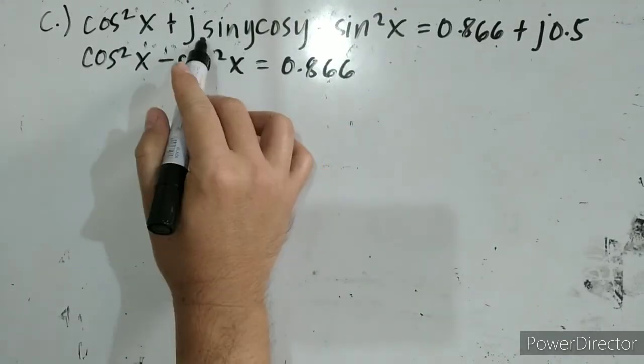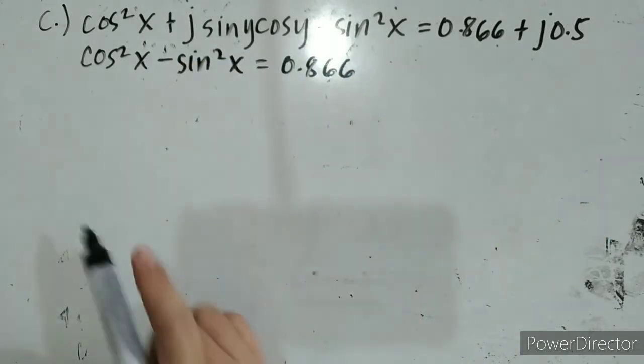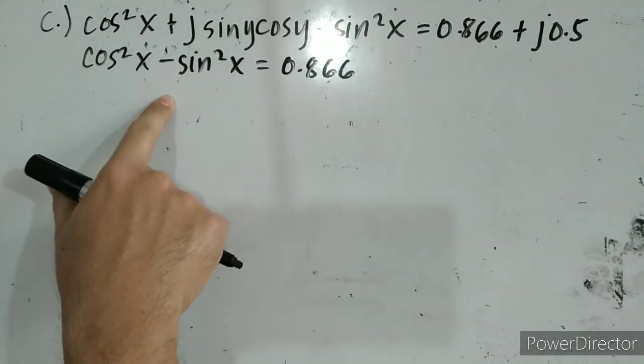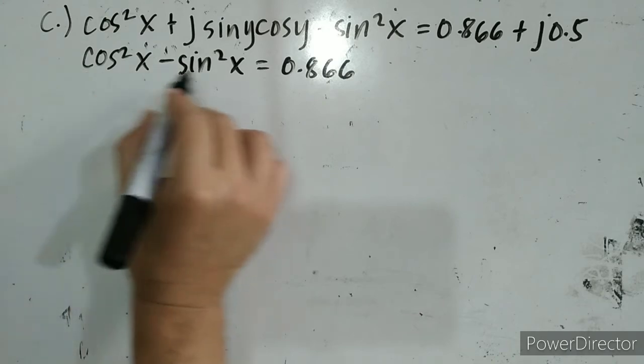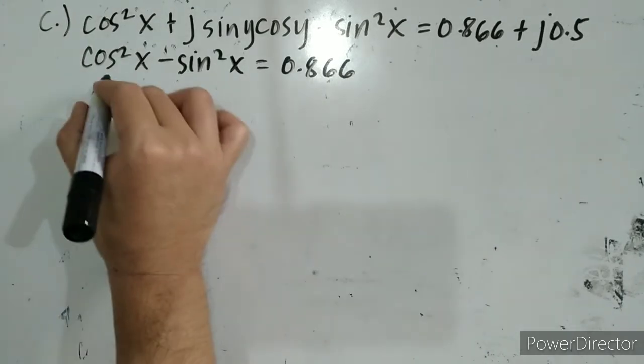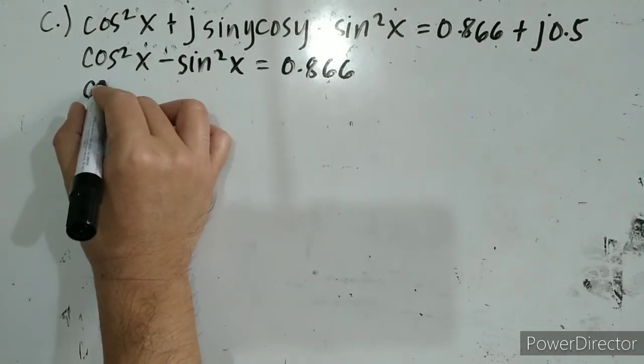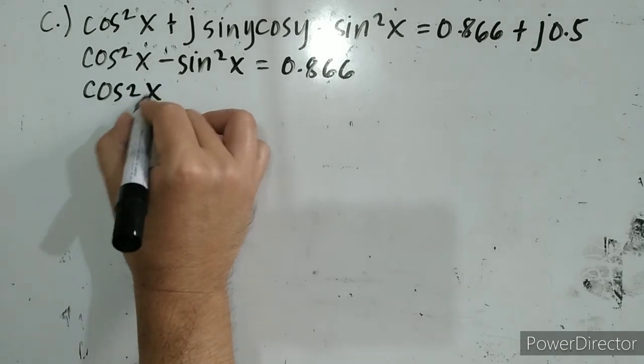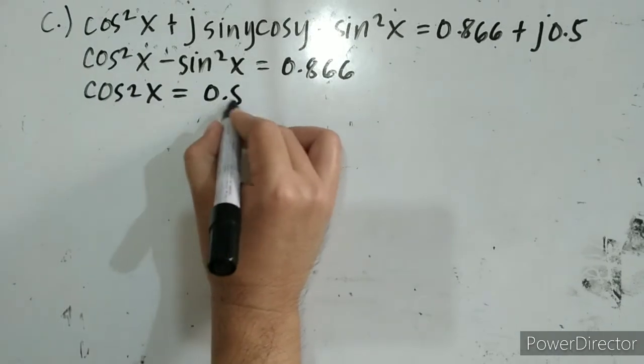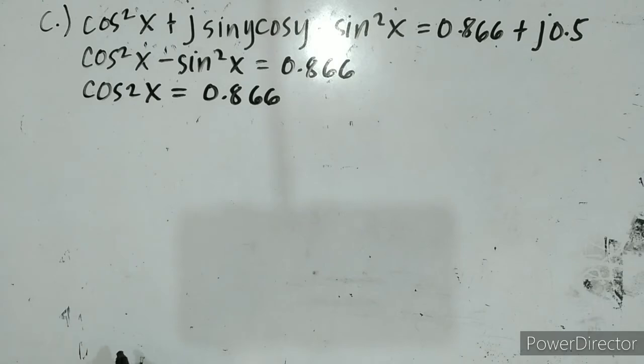And we can also equate later on the imaginary parts. Okay, but we'll start here. This is equivalent to the double angle of cosine theta, so cosine 2x equals 0.866.